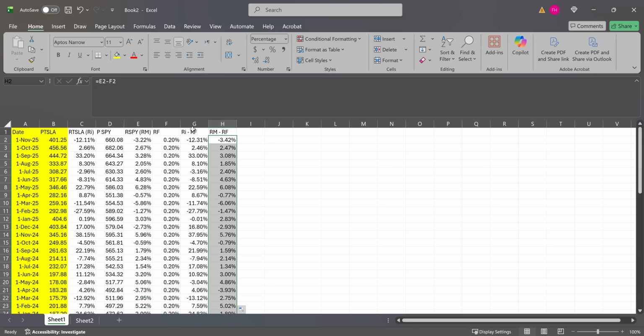So once I have RI minus RF and RM minus RF, I have all the variables needed for the regression analysis.